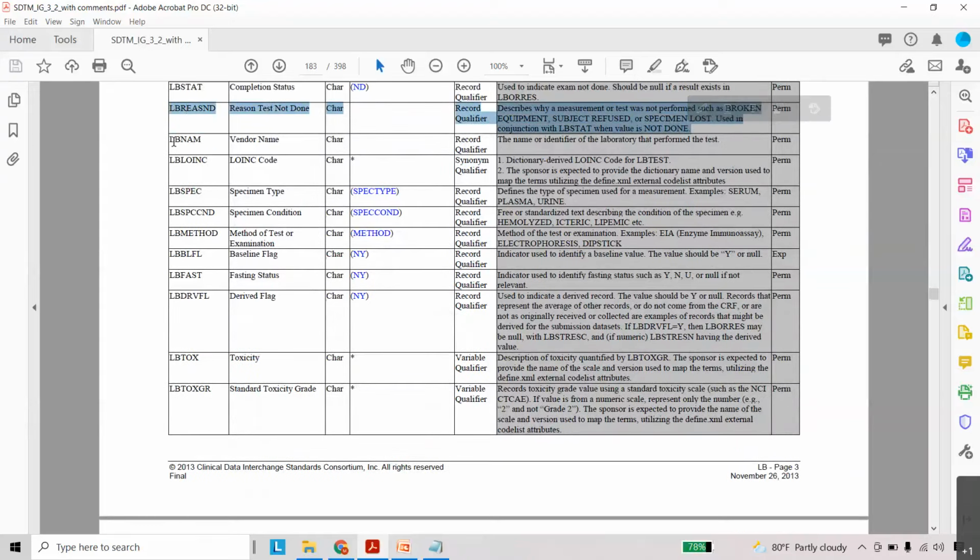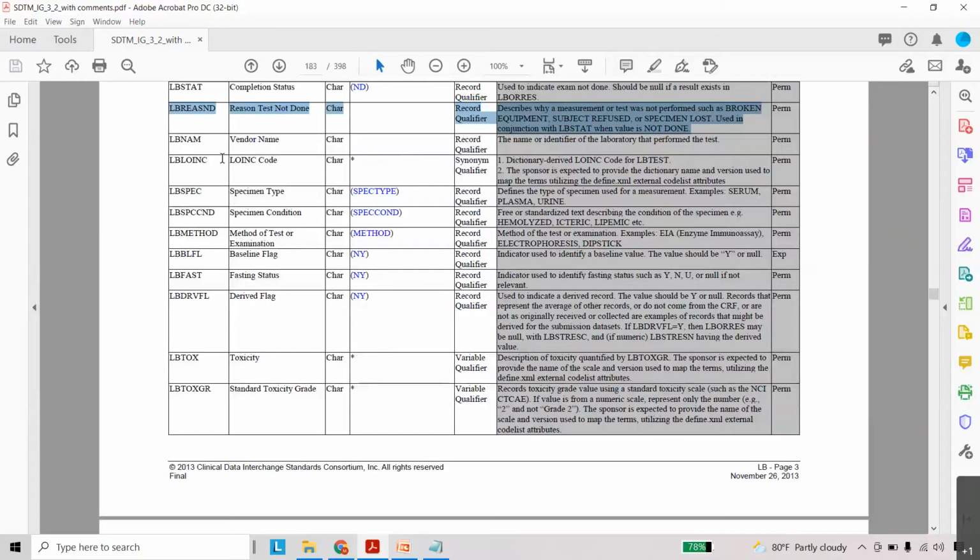And coming to the lab name, LBNAM, it is the vendor name. It is permissible but important, like whether the particular sample is analyzed at a central lab, a local lab, or any test center. We can see different values for LBNAM.